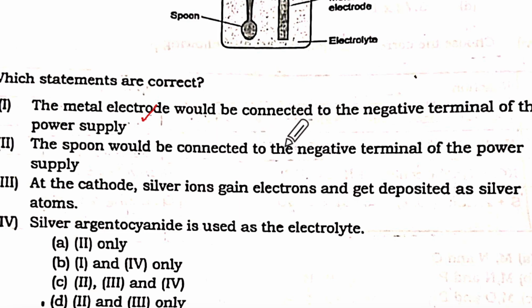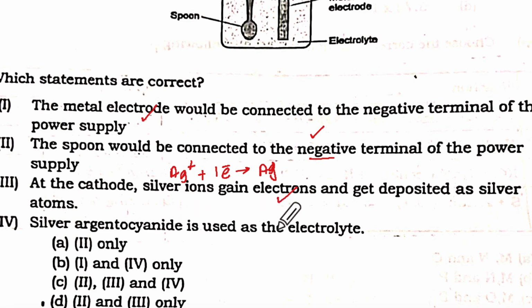The spoon should be connected to the cathode, which is correct. At the cathode, silver ions gain electrons. At the cathode, Ag+ will migrate, gain electrons and get deposited. Correct? So this also is correct.